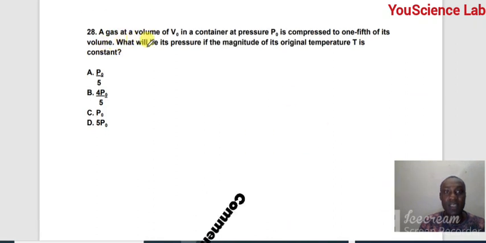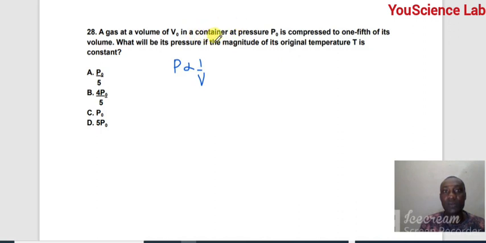A gas at a volume of V0 in a container at pressure P0 is compressed to 1/5 of its volume. What will be the pressure if its original temperature is kept constant? This is Boyle's law. And we know from Boyle's law, the pressure is inversely proportional to the volume. So let's see.